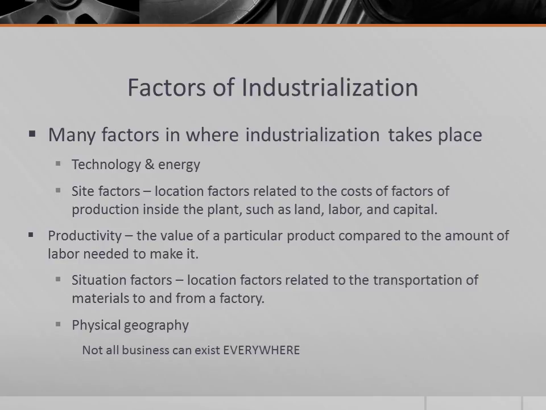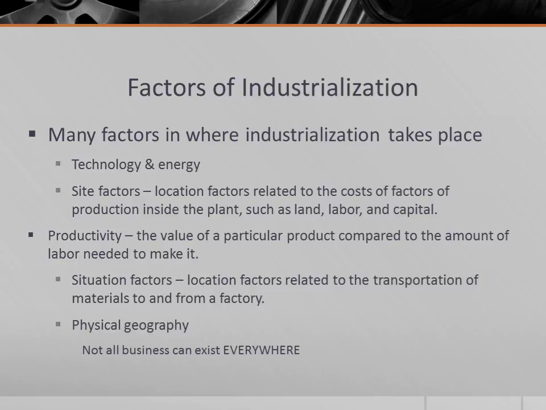All right. Obviously, we just mentioned the crossroads of technology and energy. But the next thing that we have to mention is our site factors. These are location factors related to the costs of factors of production inside the plant, such as, and these are important, land, labor, and capital.